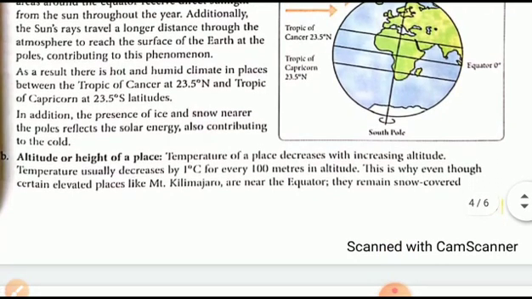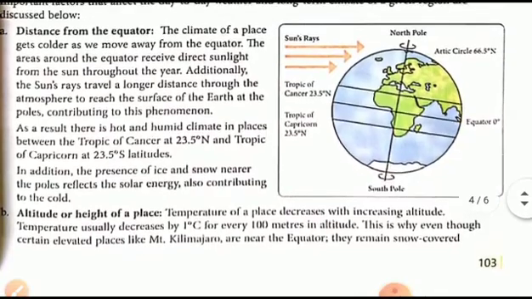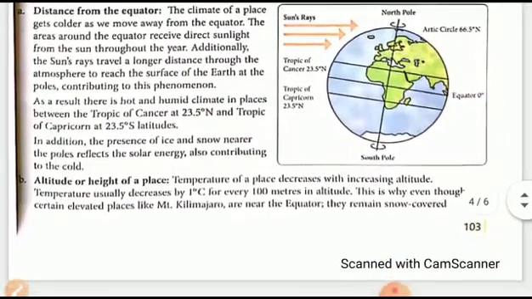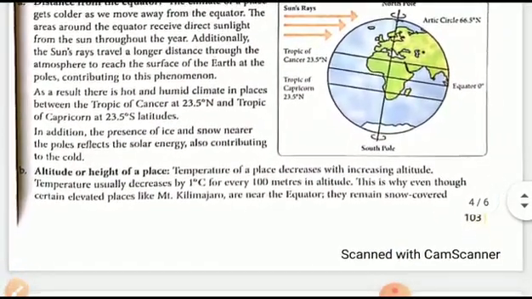In addition, the presence of ice and snow near the poles reflects solar energy, also contributing to the cold. So this is the first factor which affects the climate, the distance from the equator.